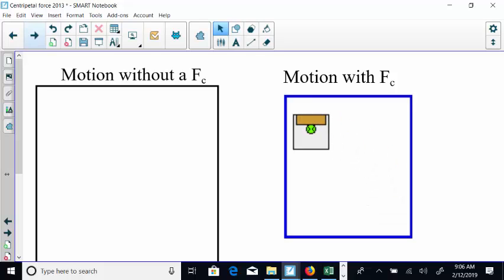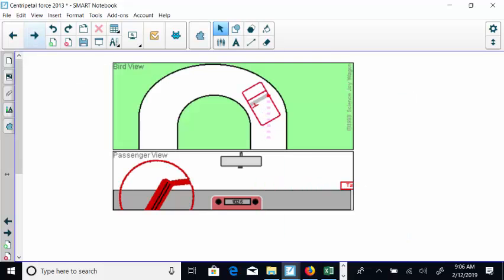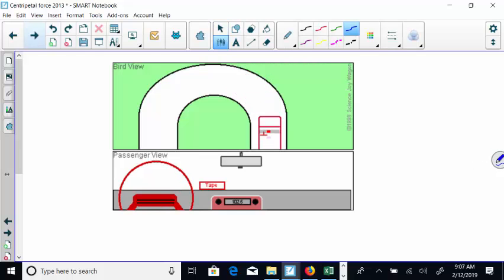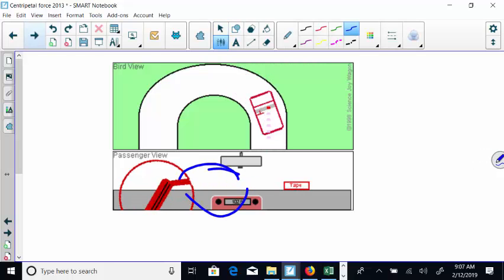Now you could consider this as being you in a car, and in your car, the door of your car would be applying a force that causes you to go in a circle. Here's another example of that where you kind of have to watch this, but there is a tape right there.